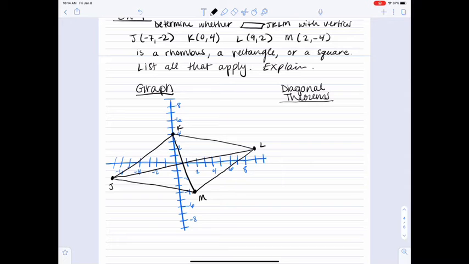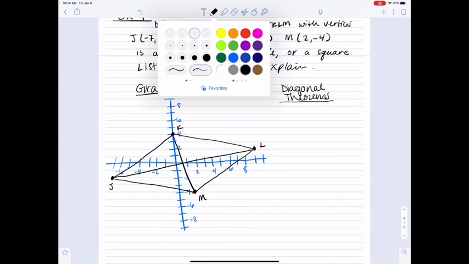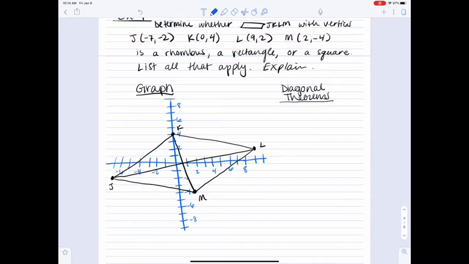All right, and then I just need to take some notes on the side over here about diagonals. So I know that for a rhombus, the only thing we need to know about the diagonals, well, they are bisectors of the angles, but we don't want to write that down, that's not important, is that the diagonals are perpendicular.